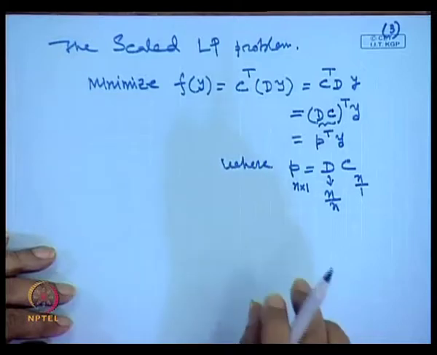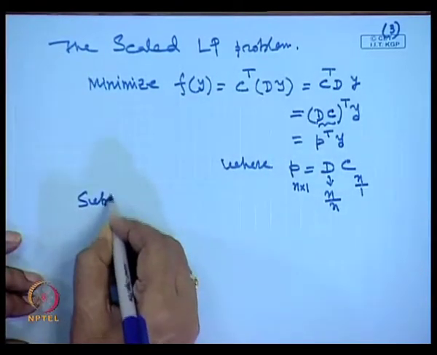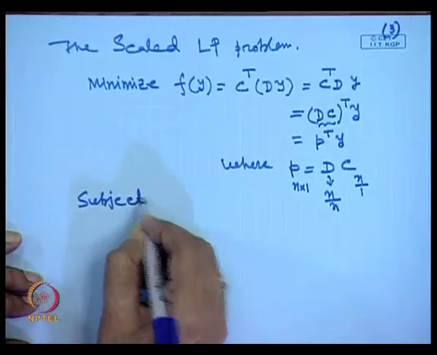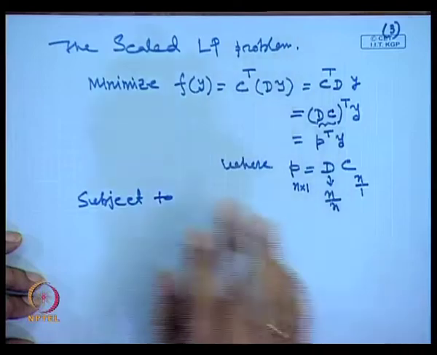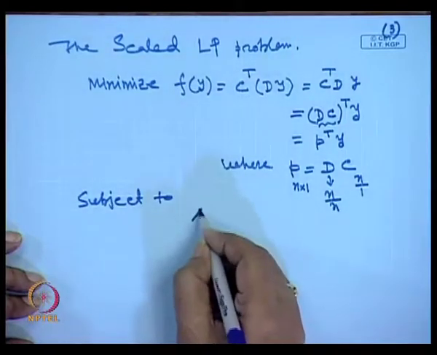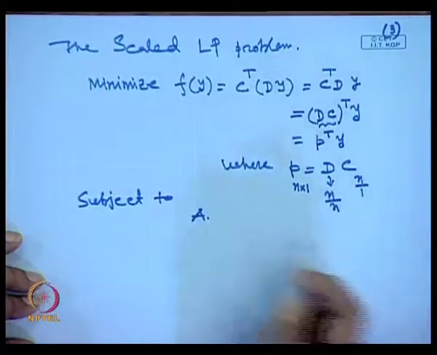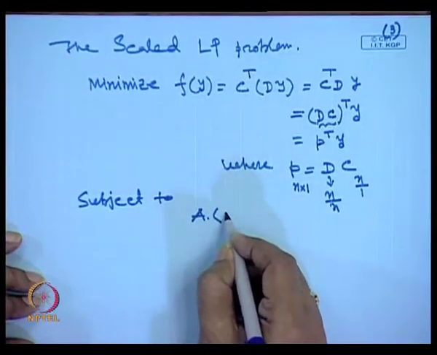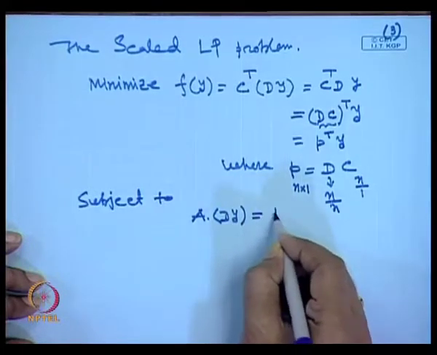Subject to Ax equals b, that is the standard LP problem. Now, Ax I have converted into the transformed domain, that is A into Dy equals b.